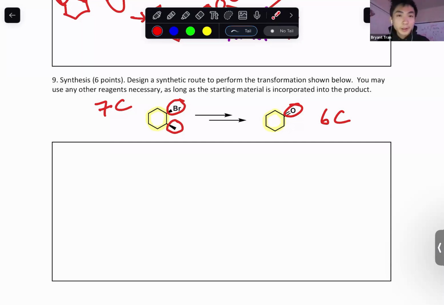So that reaction would be called ozonolysis. So let's go backwards here, retrosynthetically.